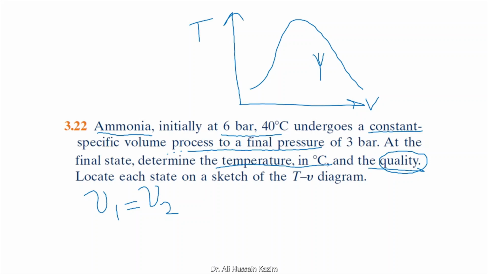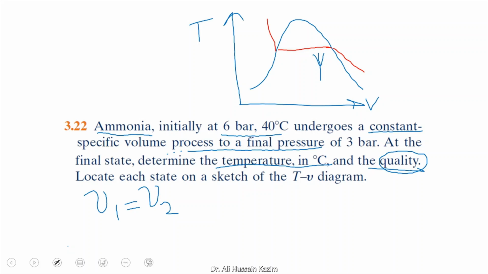So if we draw this, if this was a line of constant pressure, so 6 bar and 40 degrees Celsius.